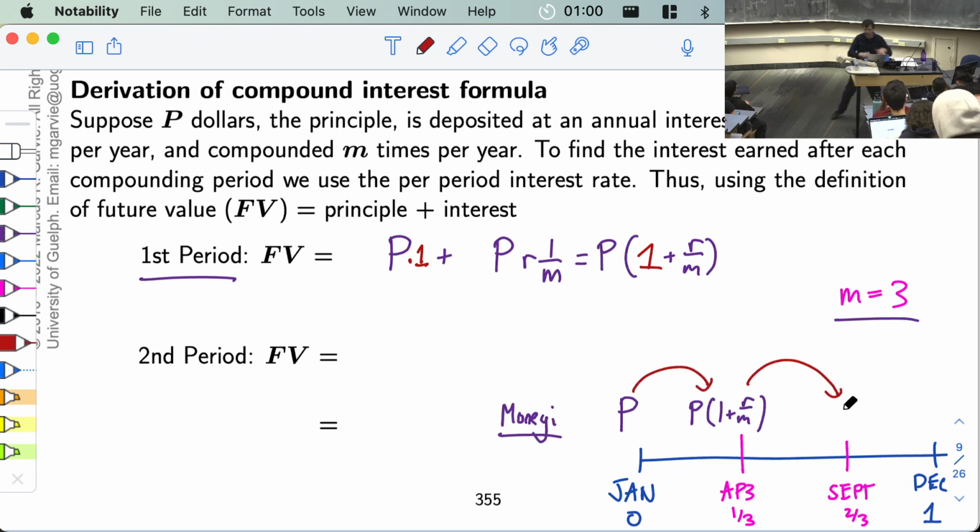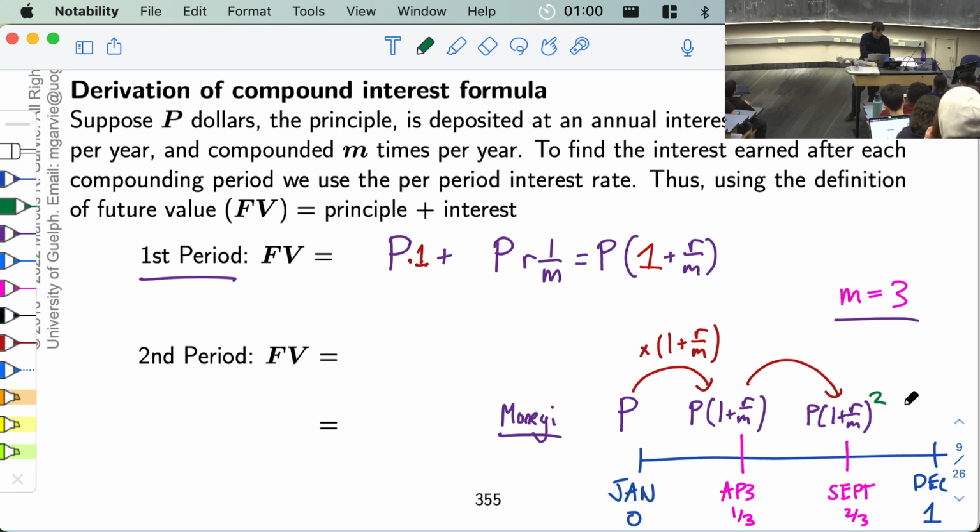We always multiply by 1 plus r over m, because of that calculation and factoring we just did. So in September, we will have p times 1 plus r over m squared.